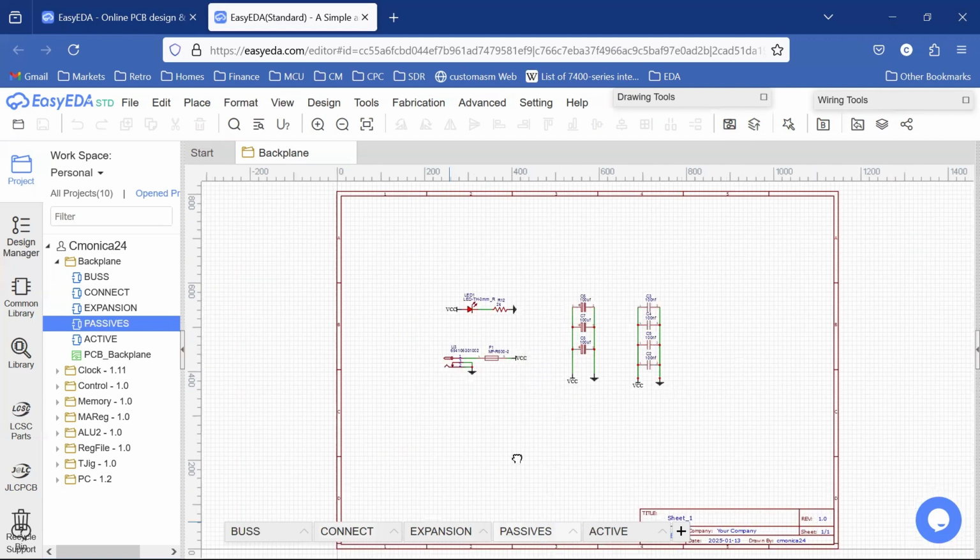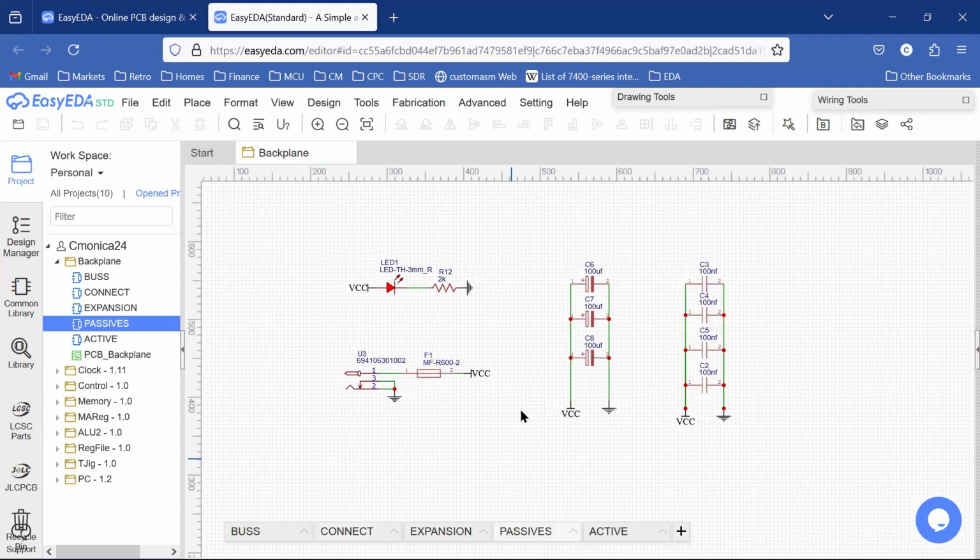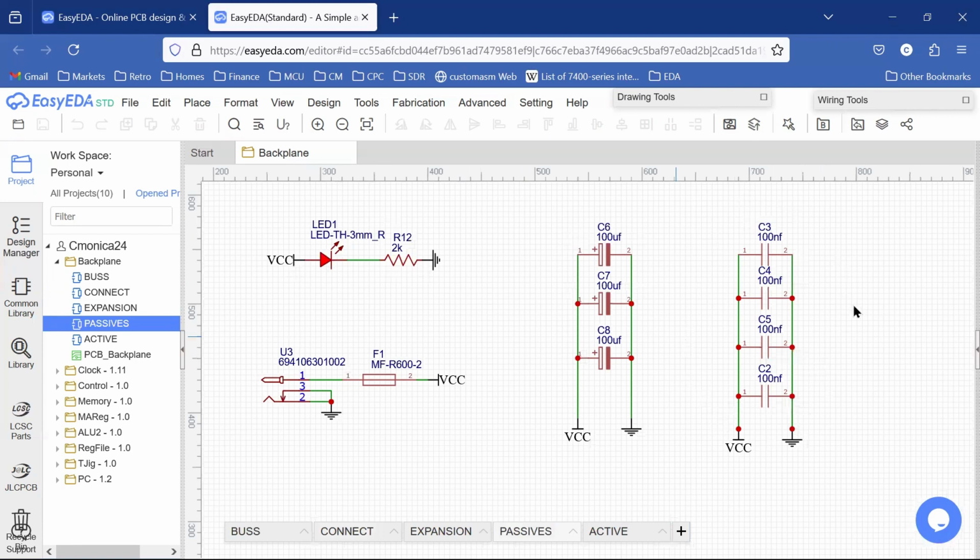Now looking at our passive elements, right? We have our decoupling capacitors for some of the active elements on our card and the power supply as well. We have 3 power decoupling capacitors. We have our power indicator for the motherboard, and then we have our power connector for our motherboard.